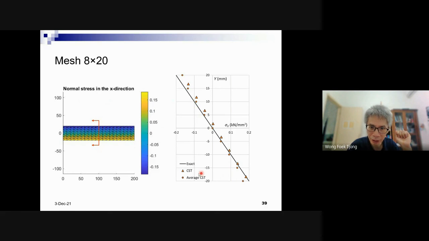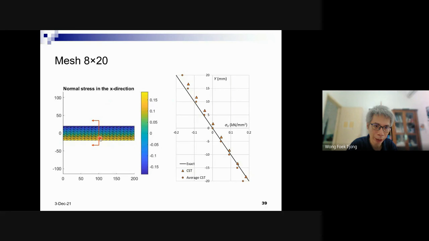This is the stress at the centroid of the element. So we can interpret the stress for each element as the stress at the centroid like this. It's quite close here to the exact, but this is a little bit far.